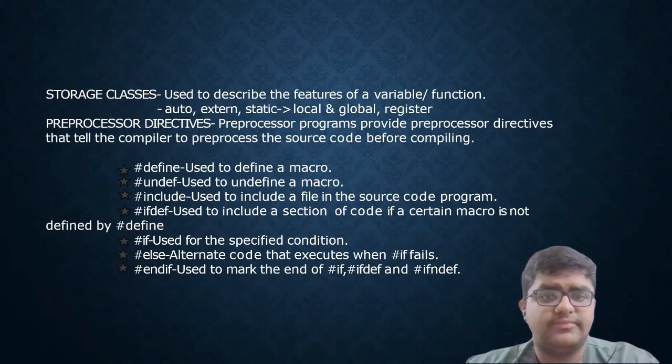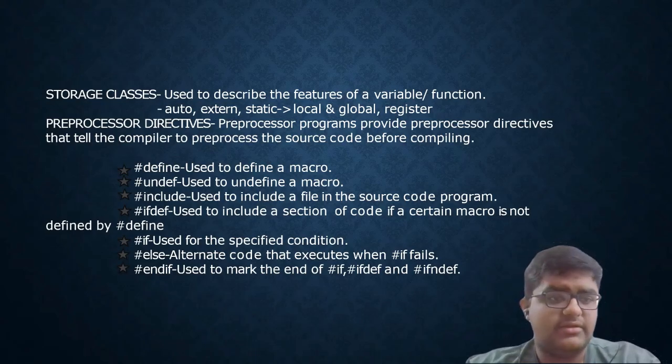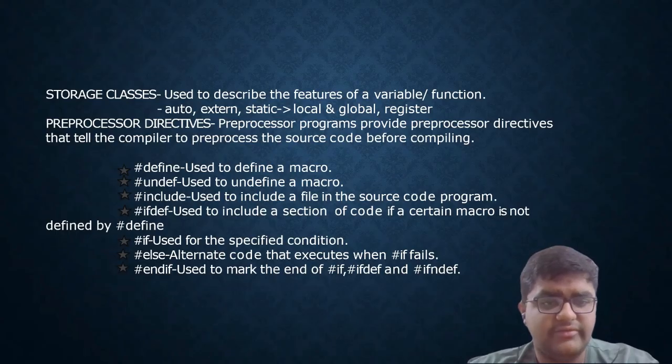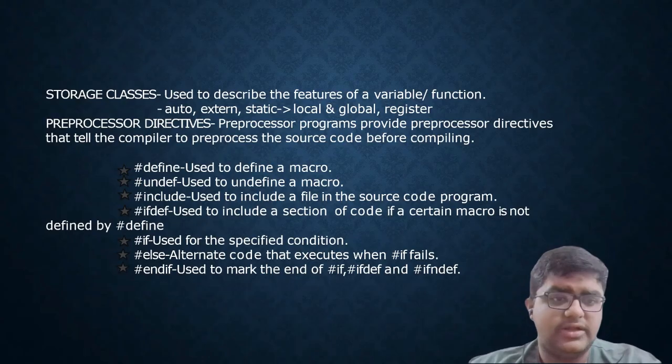Preprocessor directives. Preprocessor programs provide directives that tell the compiler to preprocess the source code before compiling. Hash define is used to define a macro. Hash undef is used to undefine a macro. Hash include is used to include a header file from the directory.